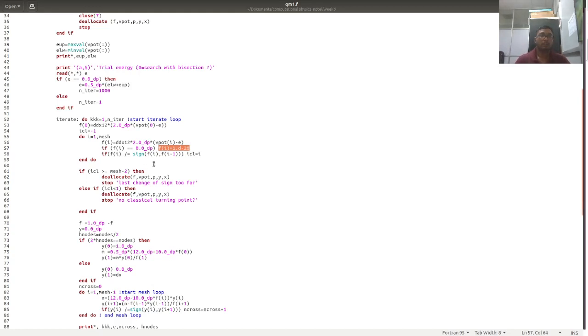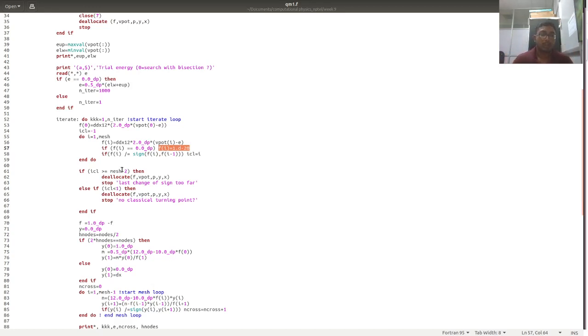Then I am going to search for those points where the sign of this factor f is changing, and I say that those points are the nodal points, and this way I will find the number of nodes in that particular regime.